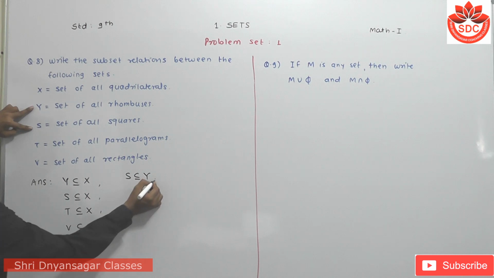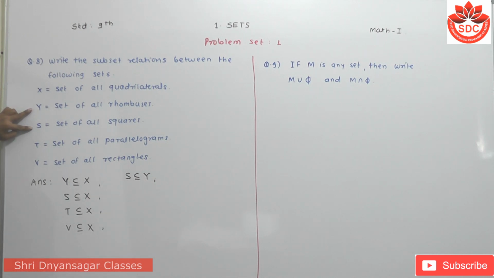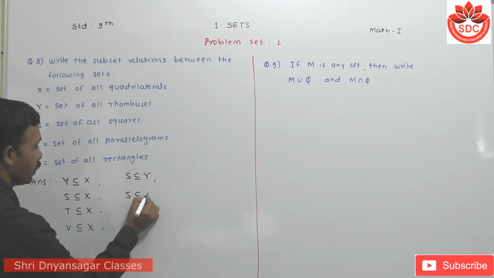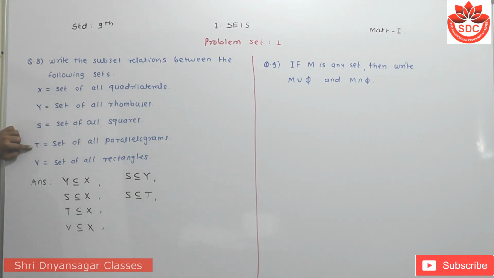Then S is also a subset of T, because all squares are also parallelograms. So S is a subset of T also.